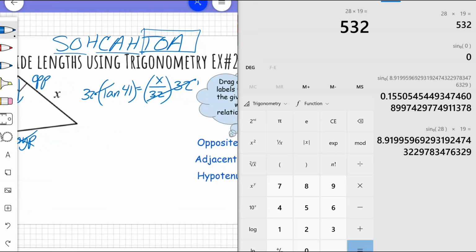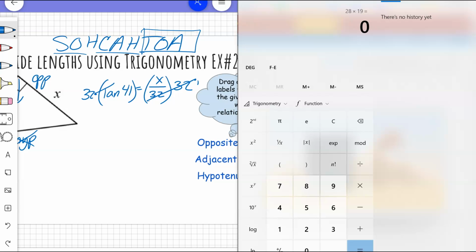All right, so I'm going to clear out everything over here. Okay, and so remember, I need to type in what's inside this angle measure first. So 41 tangent. Okay, so that gave me that value.